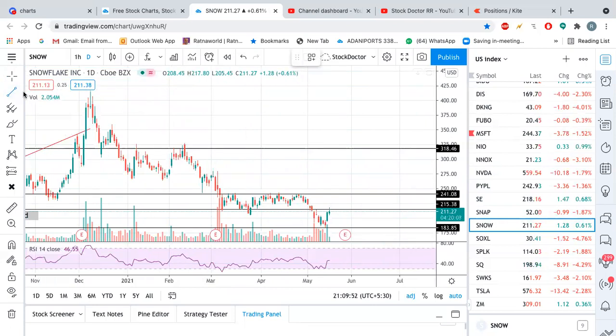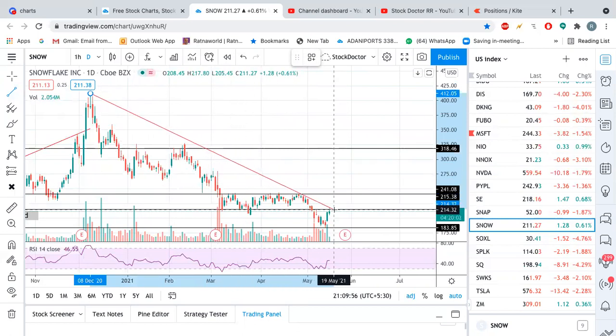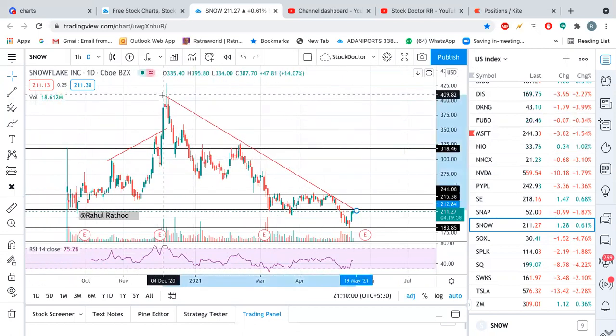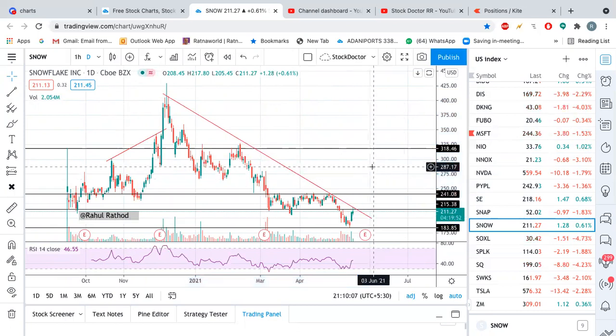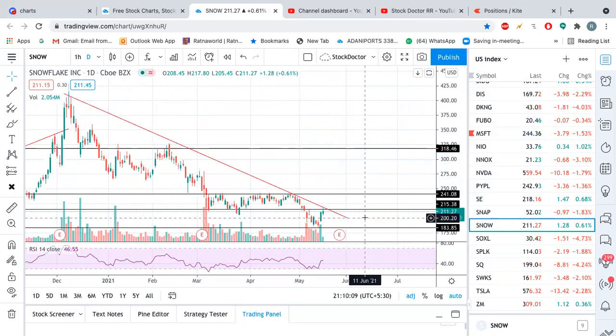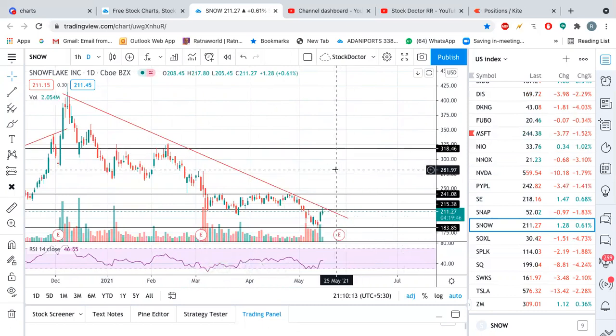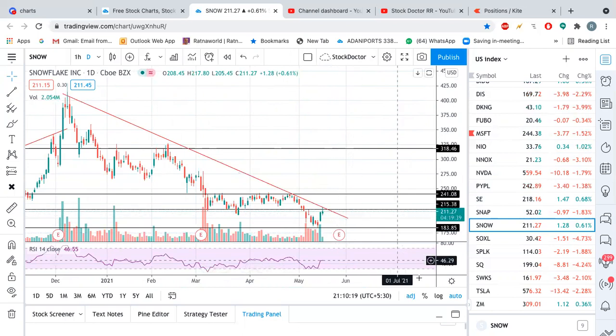So here for the Snow, I can see Snow has its earnings on 26th of May, and currently Snow has the resistance at 215 levels.